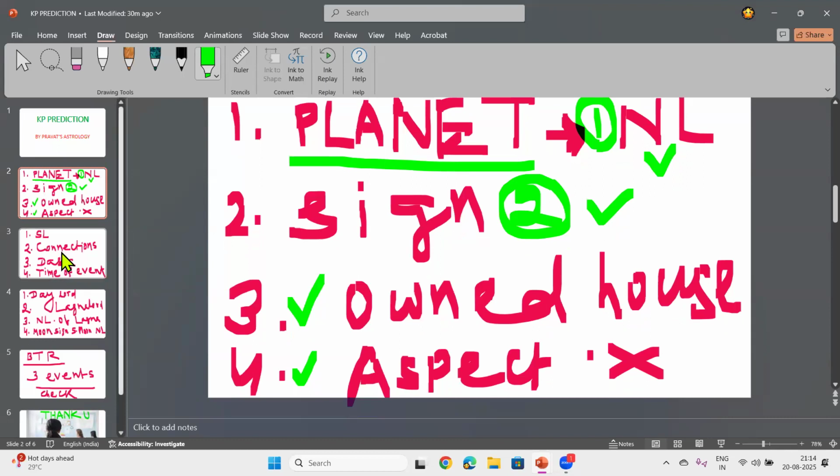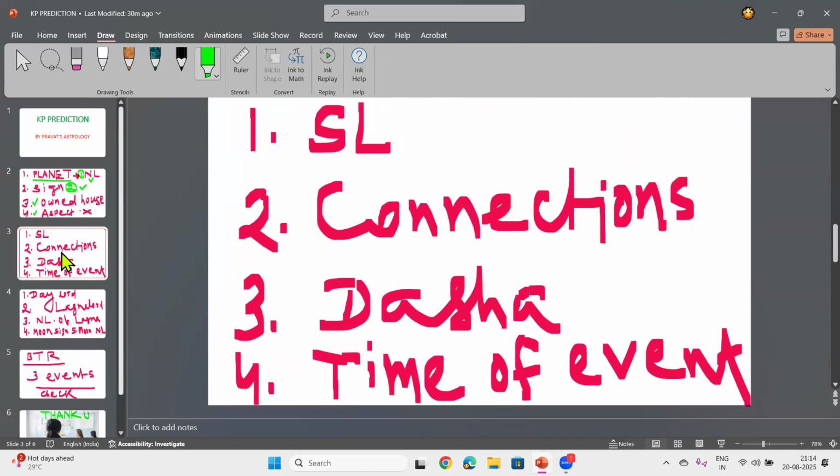Now come to this. For predicting, the simplest thing to understand is that for an event to happen, we have to consider the sublord first. And I will show you what is sublord.